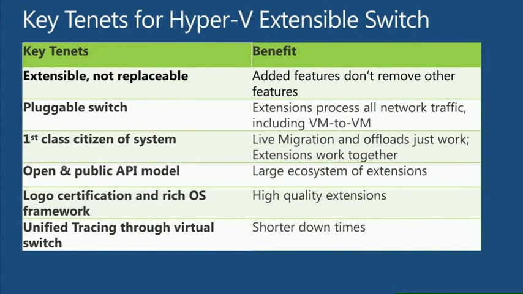So the tenets that we looked at, what we wanted to make sure that we were capable of meeting, and this is kind of where we started in the very beginning when we started thinking about this, are kind of listed here. So one of the first things we looked at was the competition, other hypervisors, had the ability to replace the switch.